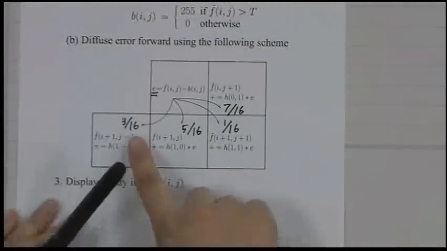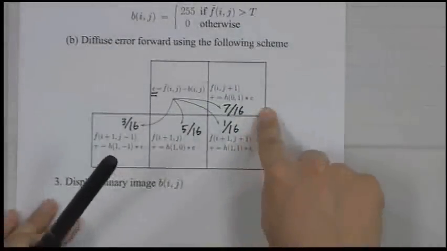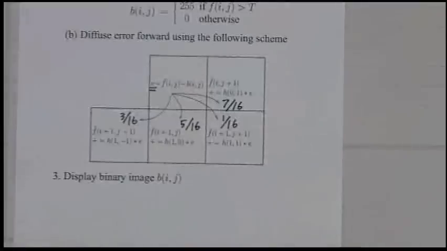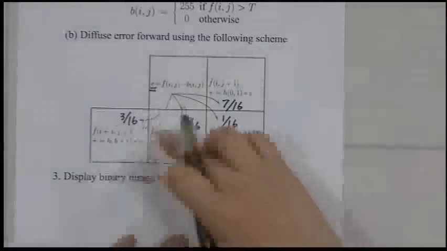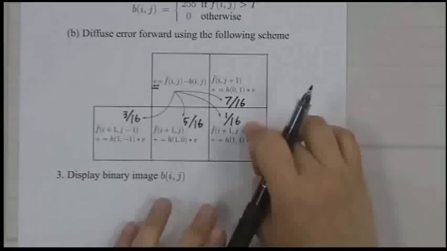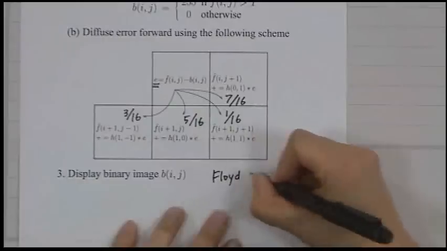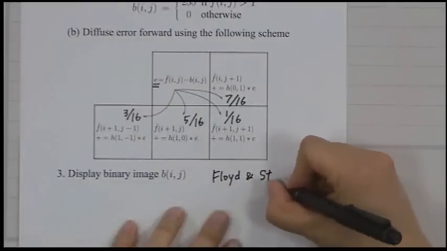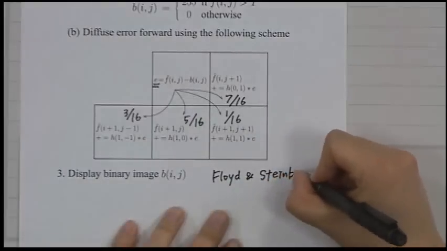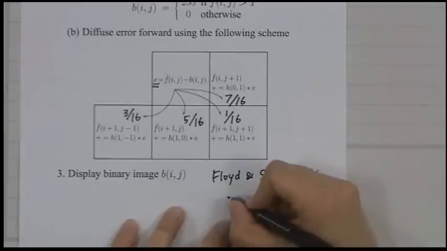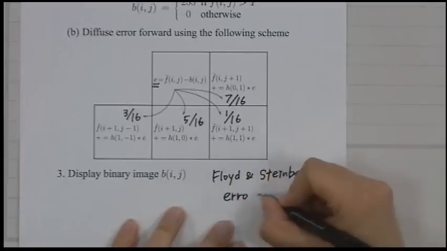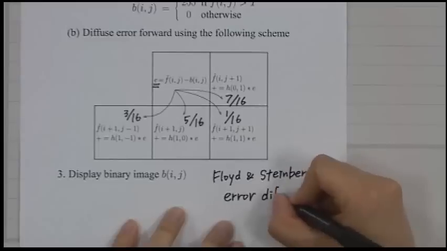So this is a weighting factor, and the sum is 1. This particular set of numbers is called the Floyd-Steinberg error diffusion weights.